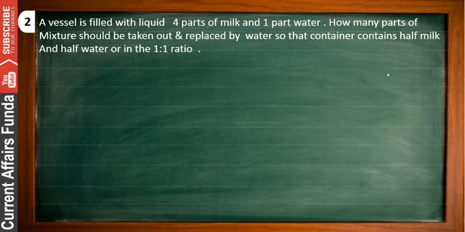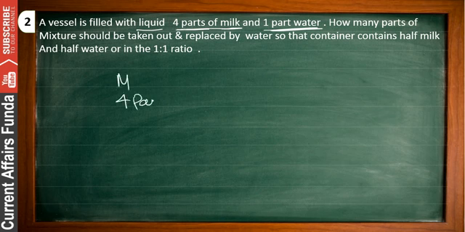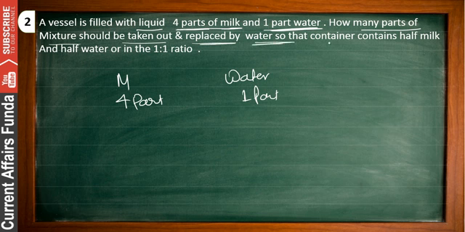One more example for you friends. A vessel is filled with liquid, 4 part of milk here and 1 part of water. Fine. So we can say milk is 4 part and water is basically 1 part. In the same way, how many part of mixture should be taken out and replaced by water so that the container contains half milk half water, or we can say 1:1 ratio.